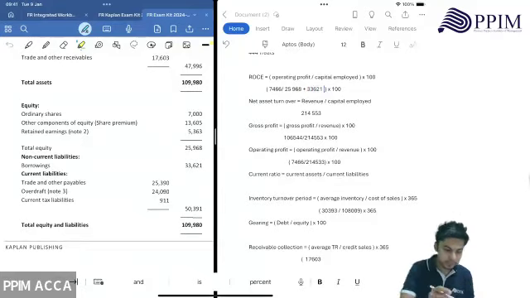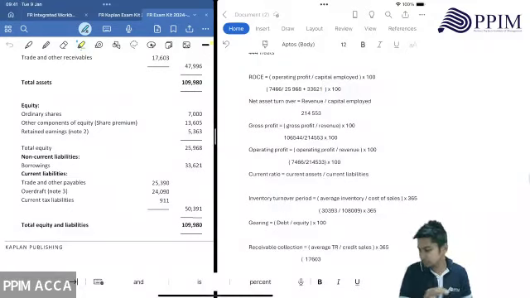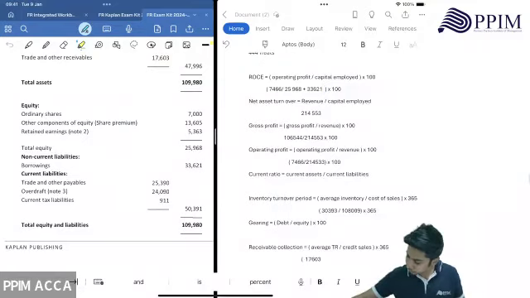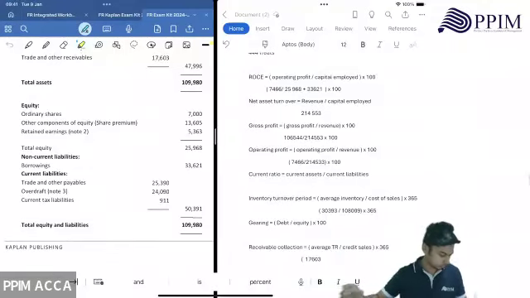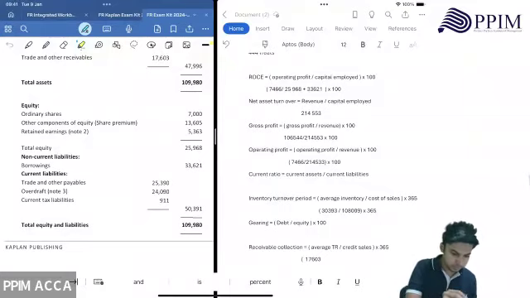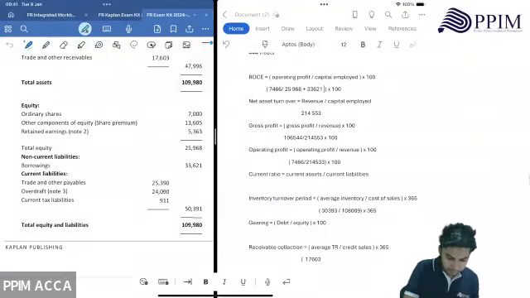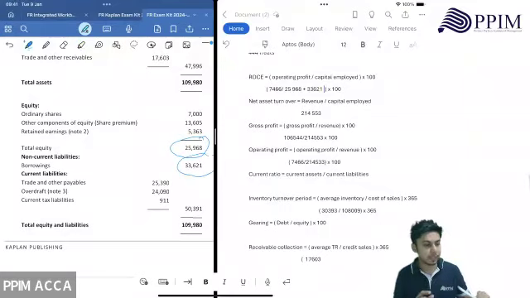33,621. Once again, guys, for those who don't understand that part, please remember. Capital employed is, guys, equity plus debt, non-current liabilities.